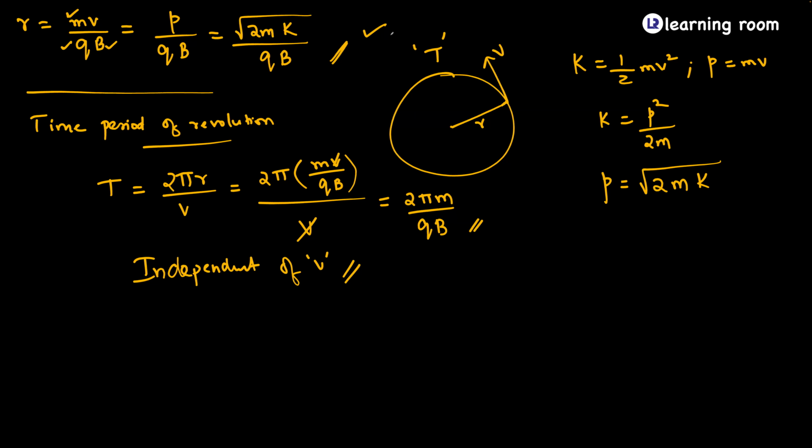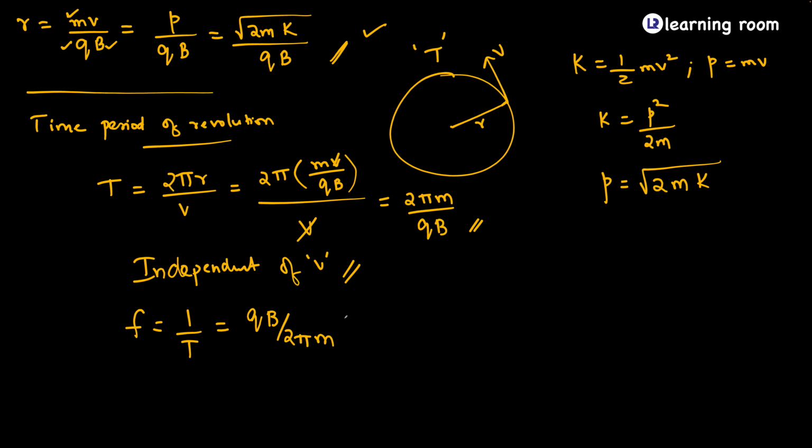So from here, I can define the concept of frequency, which is the number of revolutions per unit time, which is also 1 by time period, given as qB divided by 2 pi m. If you observe, the frequency is also obviously independent of velocity, right?